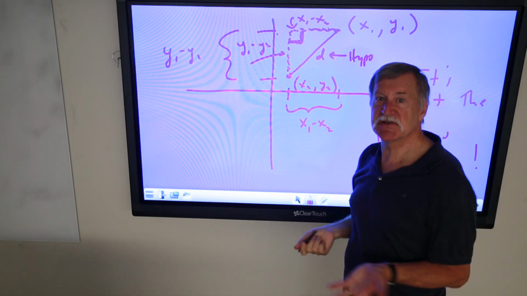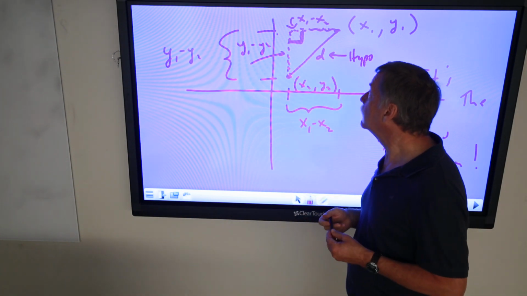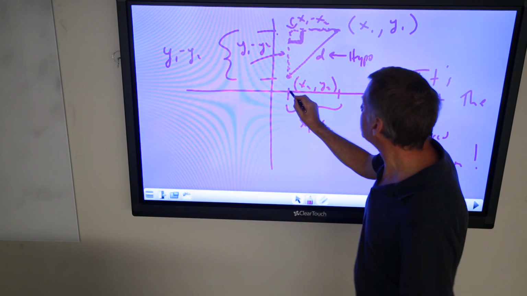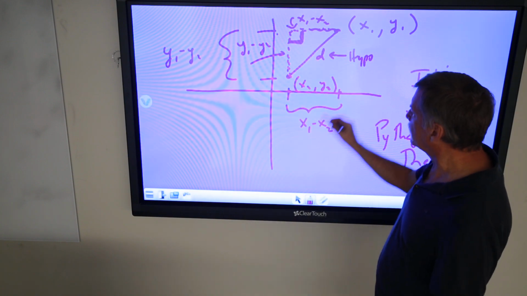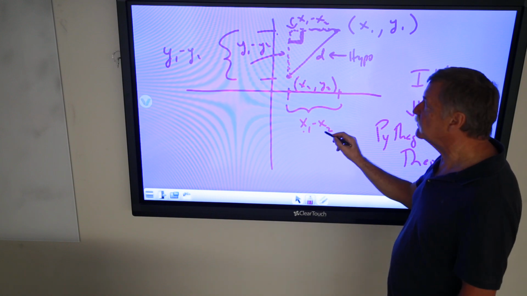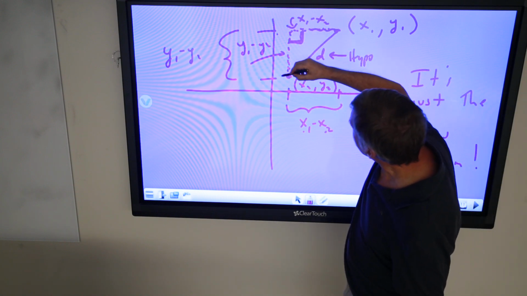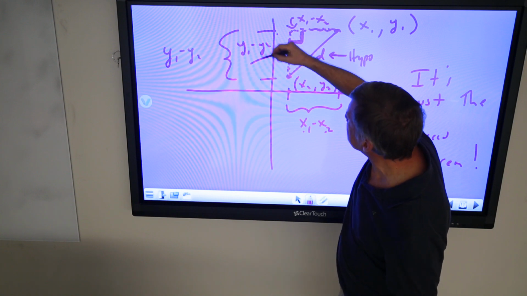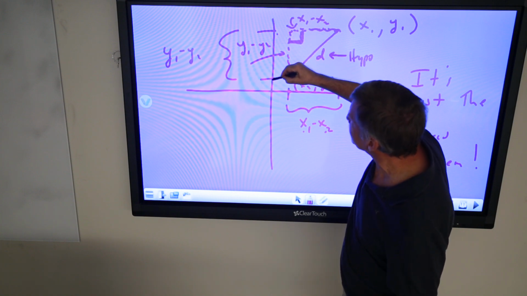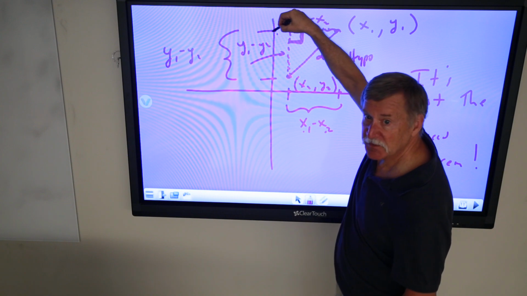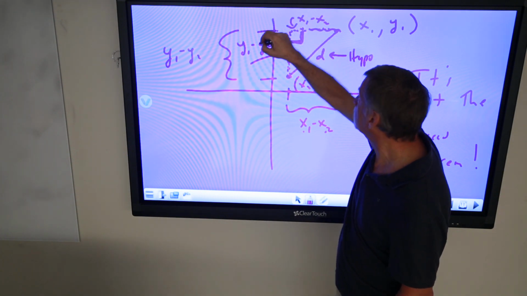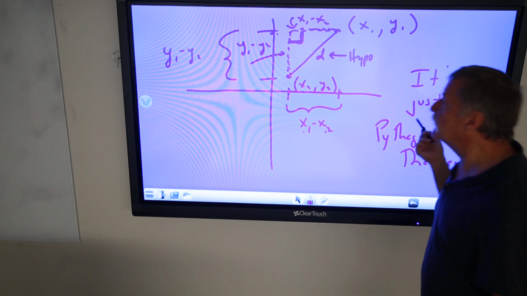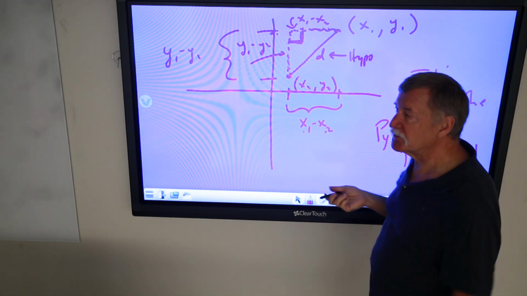And we've done this with slope before. All right? We simply want to find the difference between one x coordinate and another x coordinate, x sub 1 minus x sub 2. And how far it goes to get from here to here going up is the difference between y sub 1 and y sub 2. It's a subtraction problem. All right? It's just the Pythagorean theorem all over again with a little subtraction thrown in.